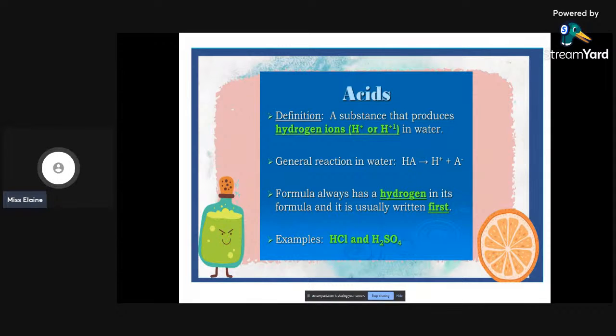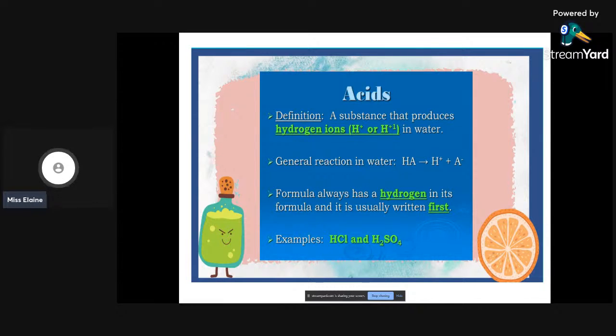The definition of acids: a substance that produces hydrogen ions in water. We have a general reaction in water, likewise for the bases, but later on I'm going to give you some theories about how acids and bases react to each other, the Arrhenius and Brønsted-Lowry theories.